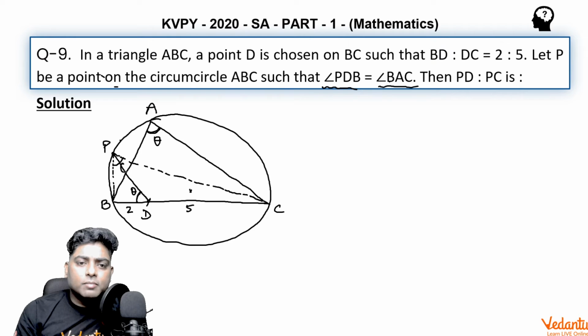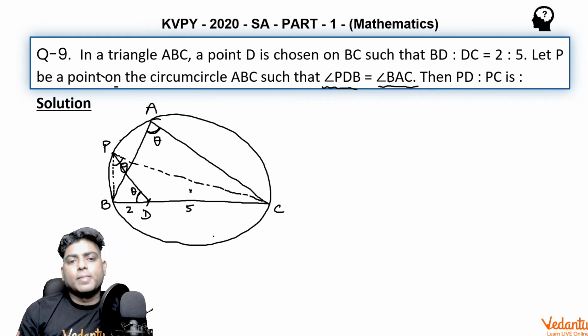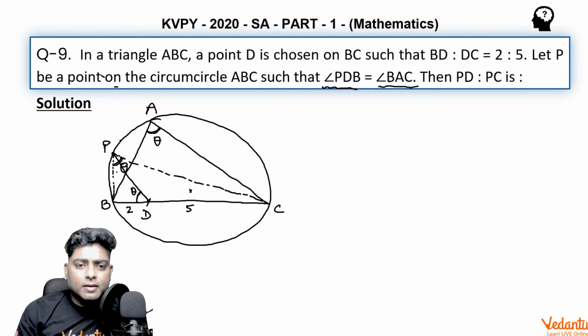So if you consider two triangles, the bigger triangle PBC and triangle DBP, they are similar.